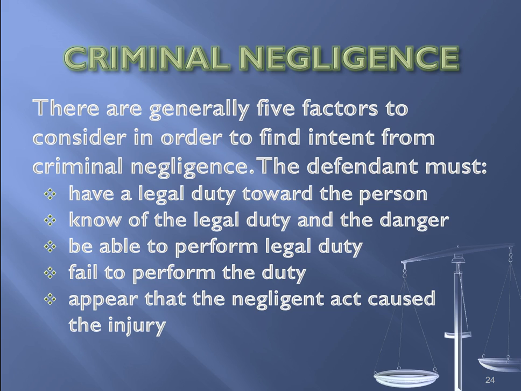So here's an example that we can look at. An operator of a motor vehicle who drove in excess of 50 miles per hour in a residential area and killed a pedestrian whom he did not see was guilty of gross negligence and manslaughter. In this case, People versus Flores, Flores had a legal duty to drive within the speed limit.